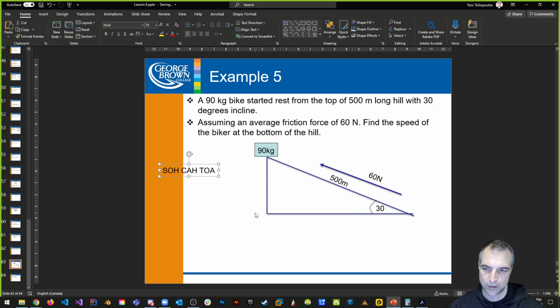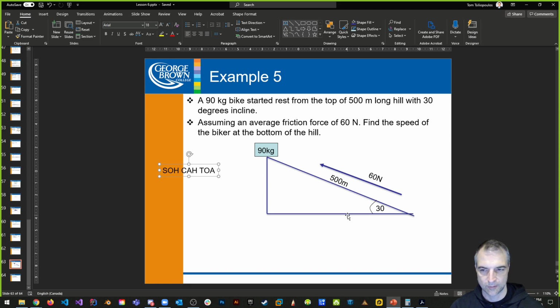Whereas cosine is adjacent over hypotenuse. Cosine of the angle is adjacent over hypotenuse, right? And we know the tangent of the angle is opposite over adjacent. Tan of the angle is opposite over adjacent.